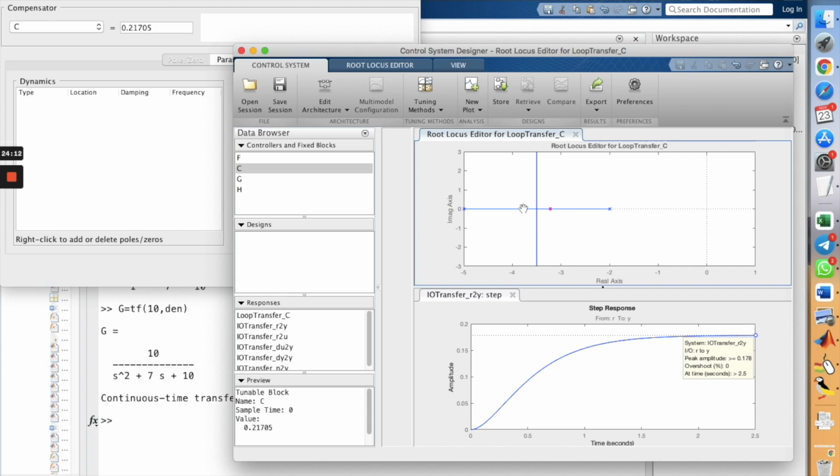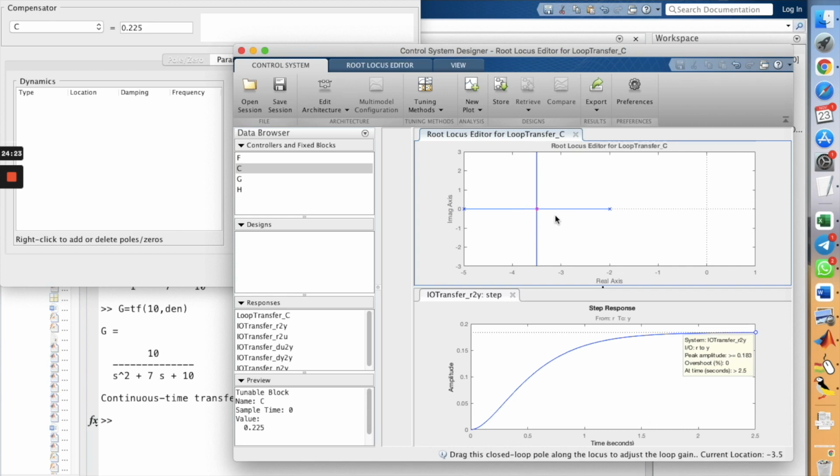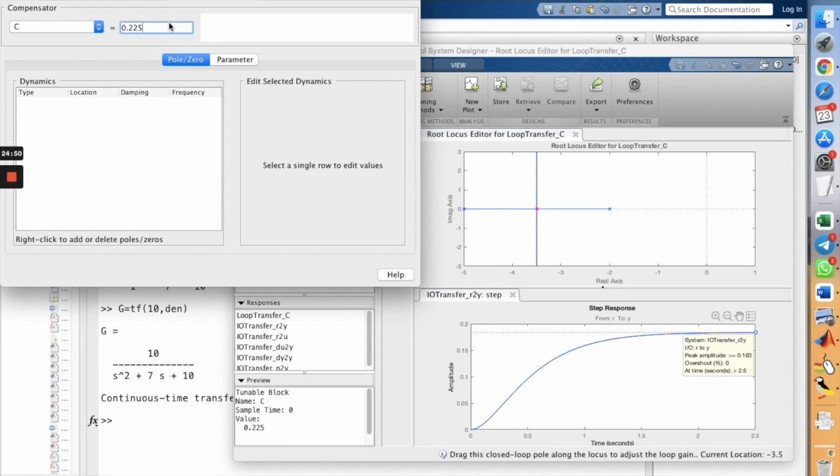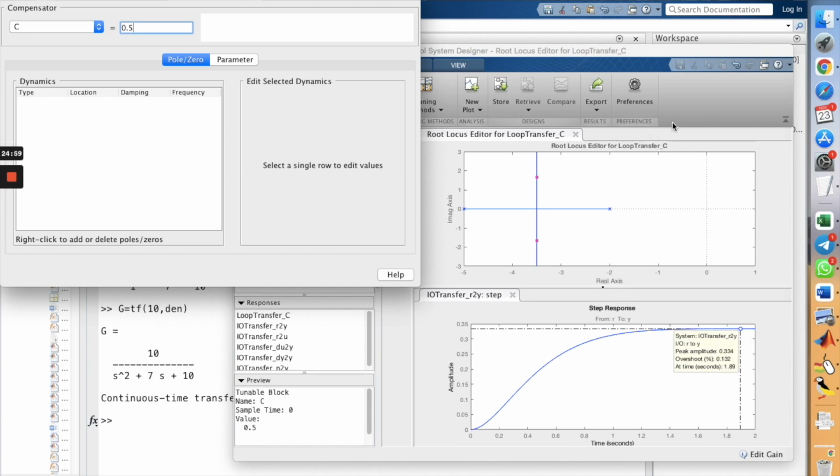When I put it at this location where we have multiple poles at the same location, in this case our k value is 0.225, and the location is actually -3.5. So the system becomes critically damped. When I increase further to 0.5, let's say, our system becomes underdamped.